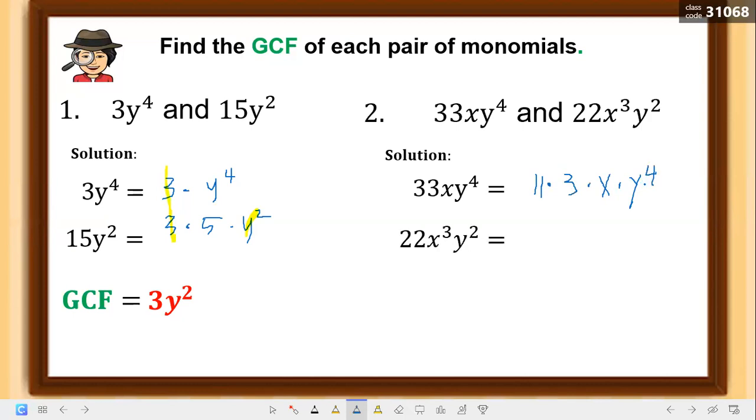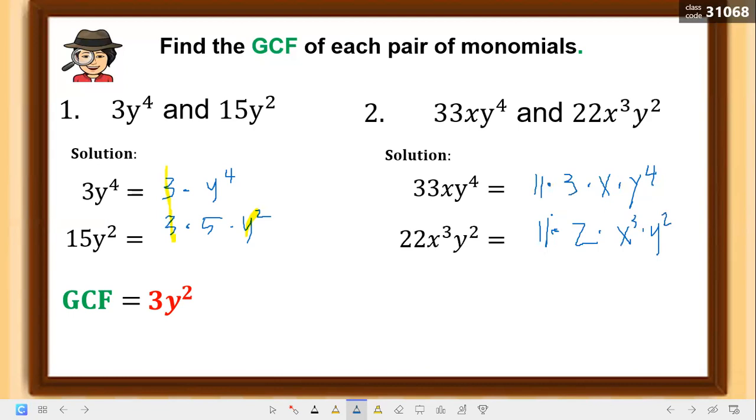Then, what about the factors of 22x cubed y squared? 11 times 2 times x cubed times y squared. Okay, very good. So we have this 11 times 2 times x cubed times y squared.